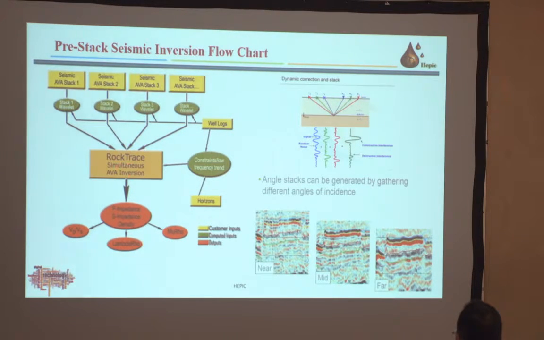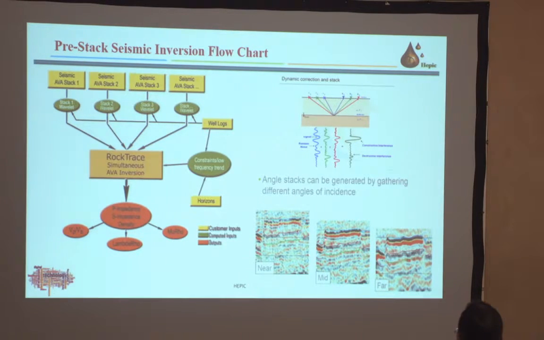So we make different collections of seismic data. Instead of stacking or adding all the traces from a survey, we subdivide them into near traces, middle traces, and far traces. This is one example in Tunisia where we have 3 seismic cubes instead of 1, and you can see there is an AVO effect.